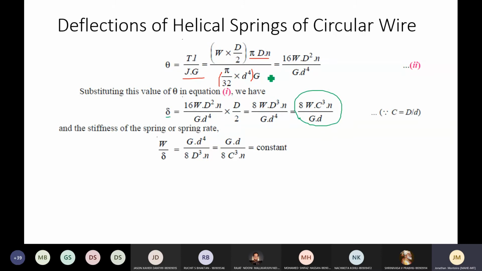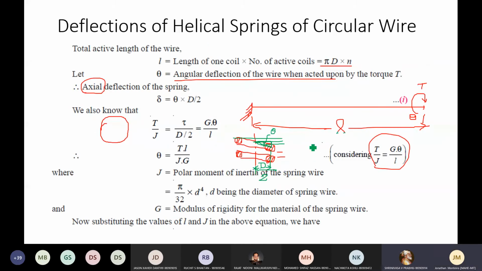Sir, actually, it is the angle of twist only, because we are analyzing the torsional stresses on a cross section. So this theta into d by 2 is what we are verifying for the cross section only. If the cross section is twisted by theta, then that whole plane that consists of the diameter, the axial deflection, will also incline itself by theta only.